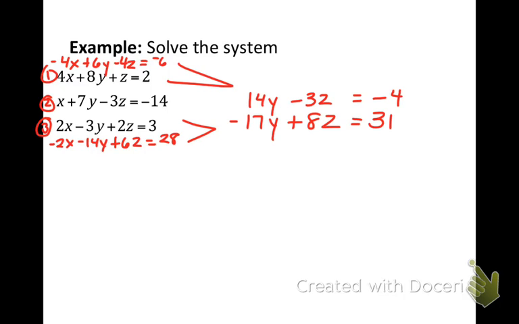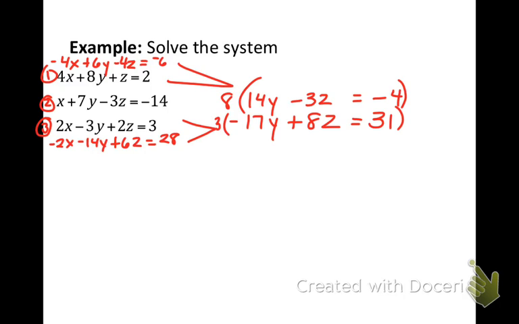Good. All right, so this does not look as friendly to eliminate, which means we're going to have to multiply both equations by a number. It would probably be better to eliminate the z's just because it would be smaller numbers. So what can I turn 3 and 8 both into? Yeah, it has to be 24. So that means I'm going to have to multiply the first line by an 8 and the second line by 3.